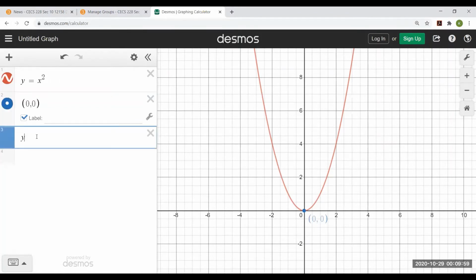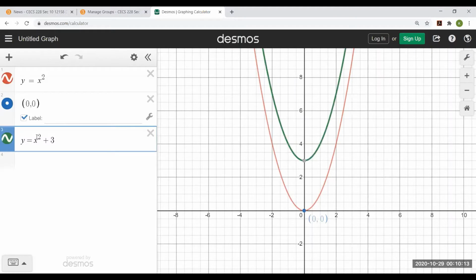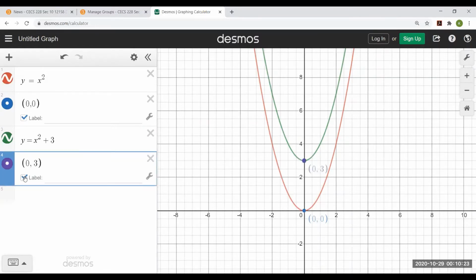We're trying to consider vertical translations, which means moving the graph up and down, and how do we accomplish that? If I add a constant 3 to the original y equals x squared, notice that the vertex at the origin has now shifted up to 0, 3.